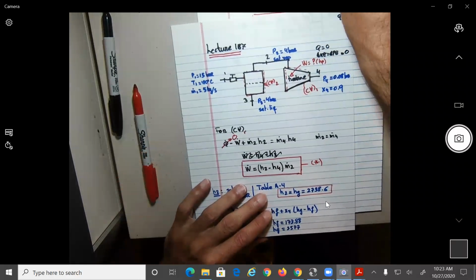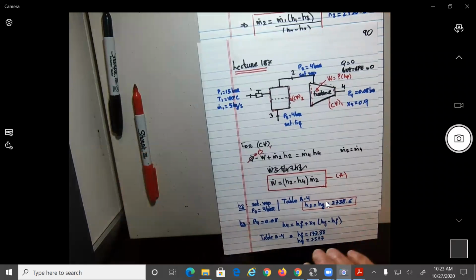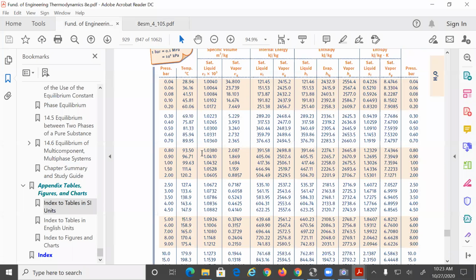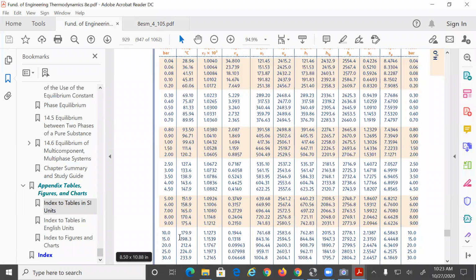What will be the state of H1? So H1 is 15 bars. So 15 bars is 198. Okay, so what is the state? We know the state would be, how much is 180? It would be liquid, no? Okay, so if it's liquid, be careful here.